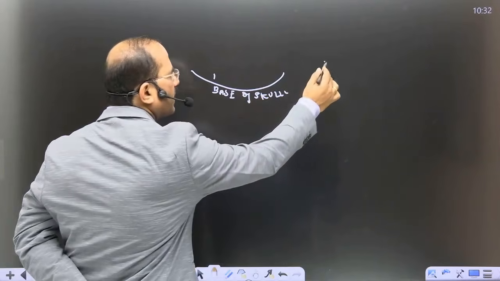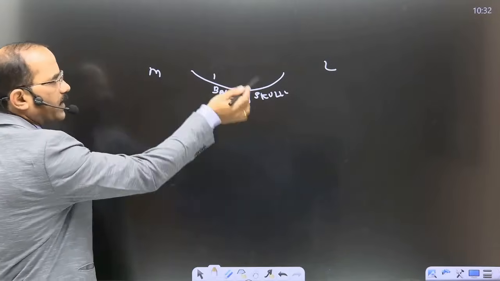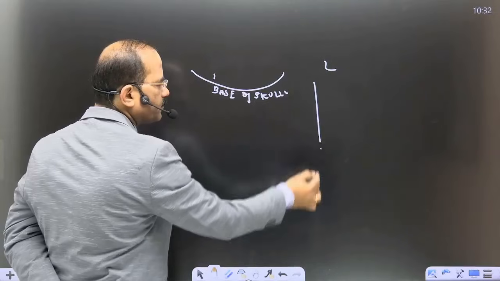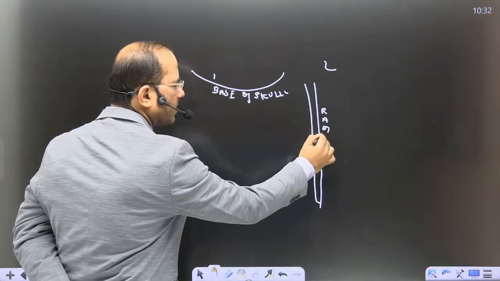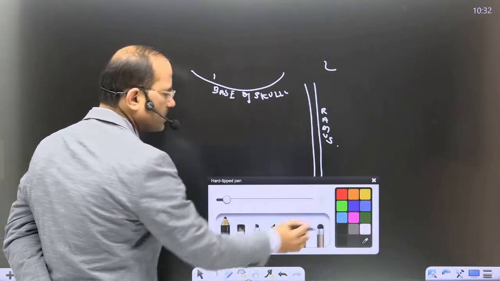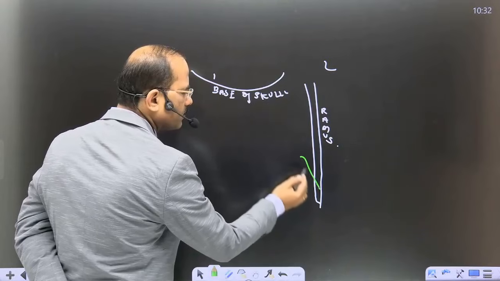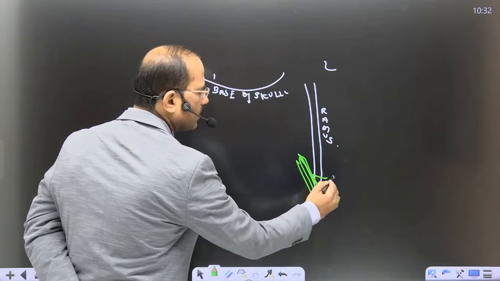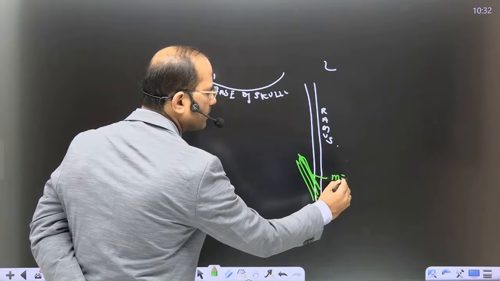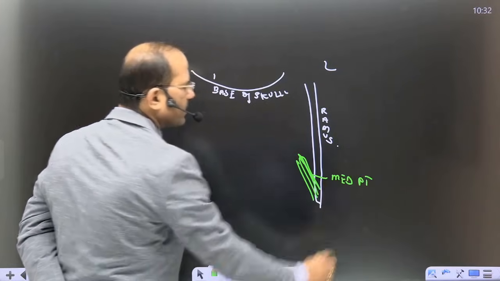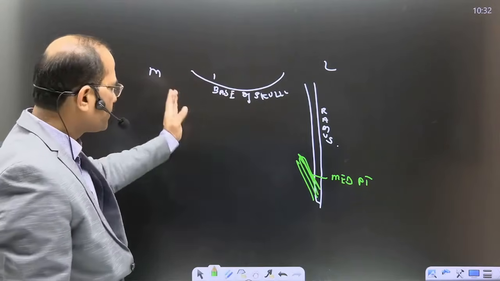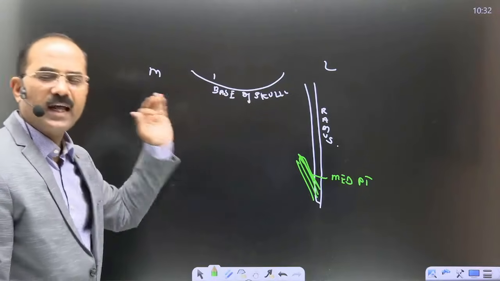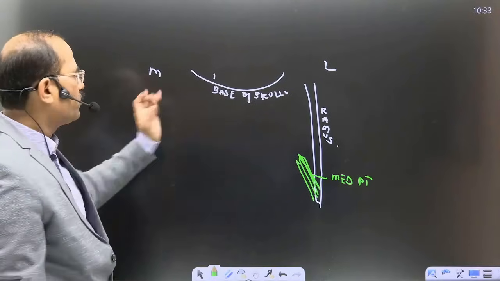Now, if this is lateral and this is medial, what do I draw here? That's the ramus of the mandible. And what is this muscle attached to the ramus here? That's the medial pterygoid. So when I look lateral, that's the ramus, that's the medial pterygoid. When I look on the medial aspect from the infratemporal fossa, what do I see here?